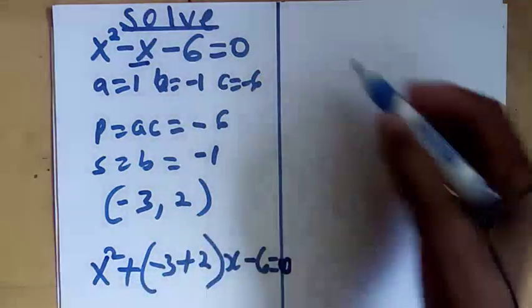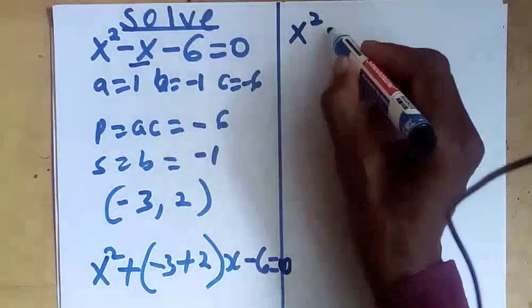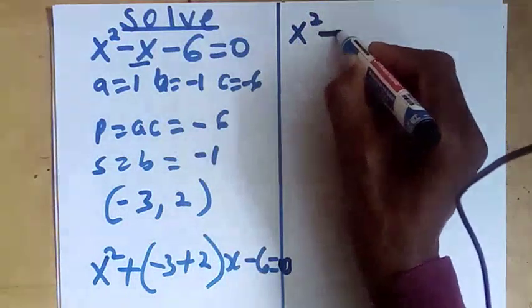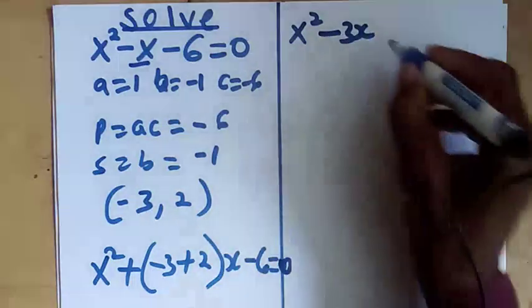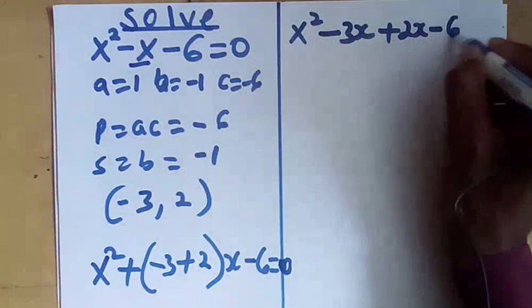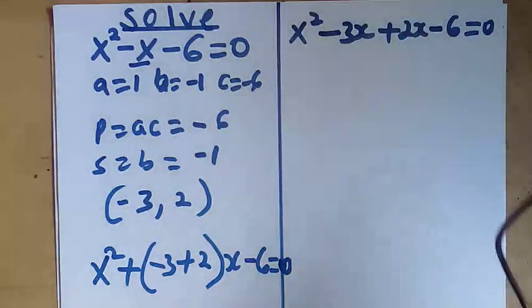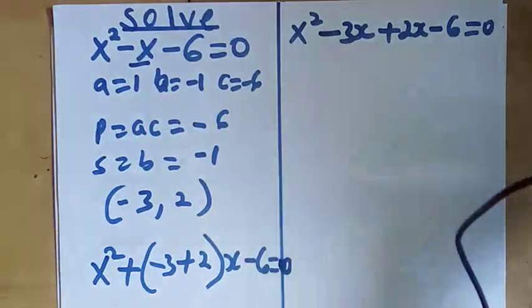If I expand this, I'll have x squared as the first term, then minus 3x, then plus 2x, minus 6 equals 0.